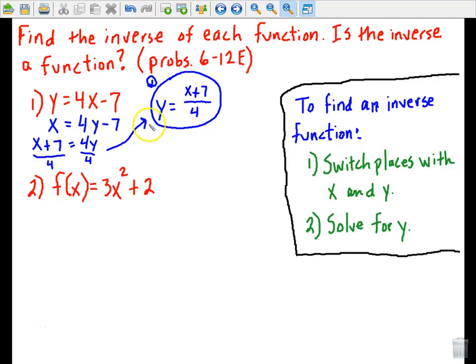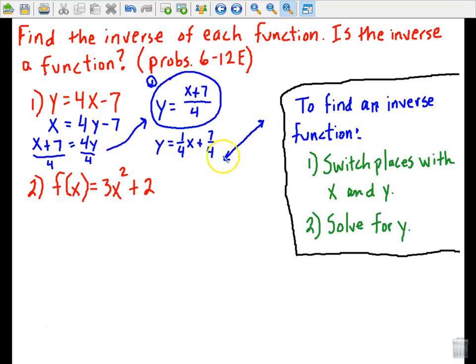Well, I hope you can tell that the inverse is also a linear function. Maybe it'll look more familiar if we wrote it out as y equals 1/4 x plus 7/4, which means we have a y-intercept of 1 3/4, and from there we would count a slope of 1/4, which would be a line that has a positive slope, so it would do something like this.